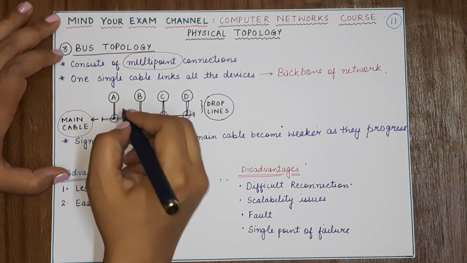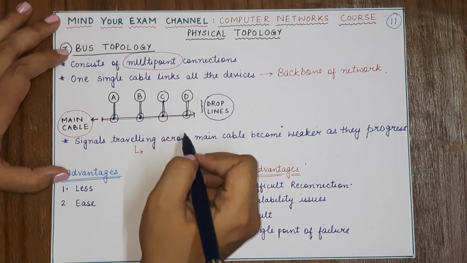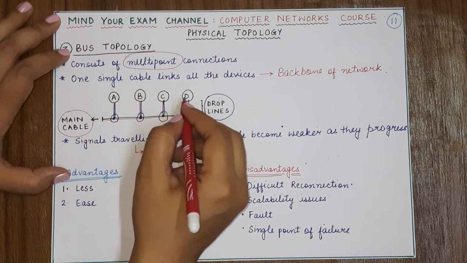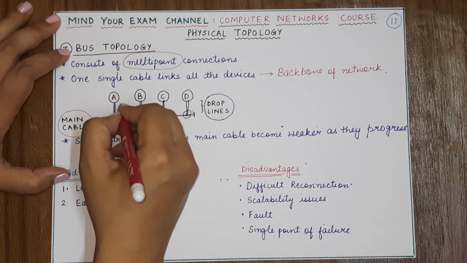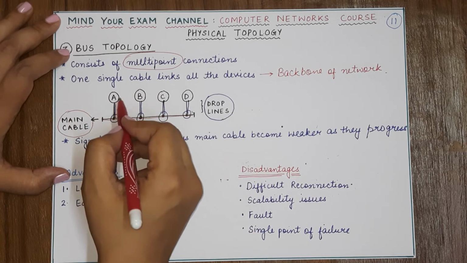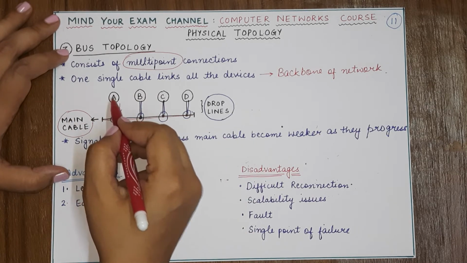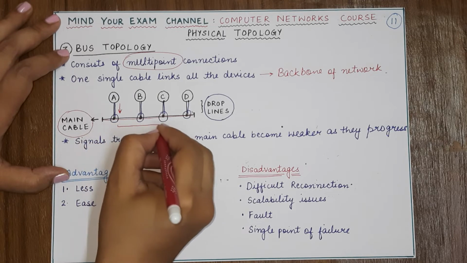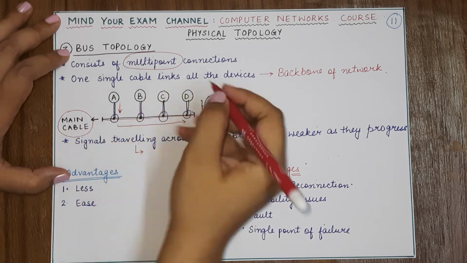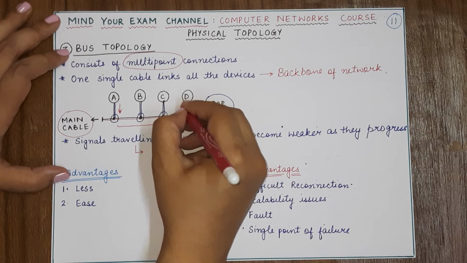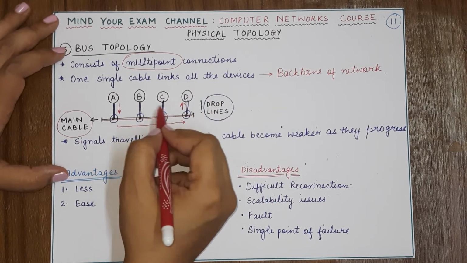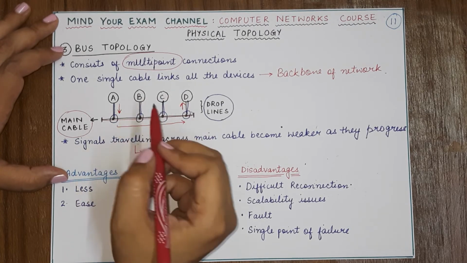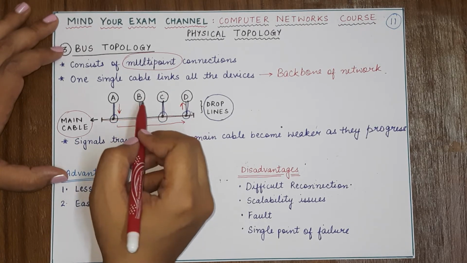So if any device has to communicate with any other device, what will happen is, if A has to send data to D, it will send the data, the signals, through this drop line connecting A to the main cable. Then this data will travel on the main cable and it will then be received by D. If the data is also getting received by the intermediary devices, they will check whether the destination is actually their own address.